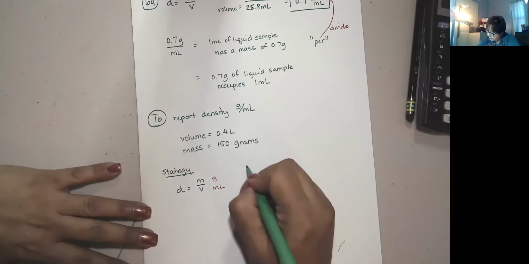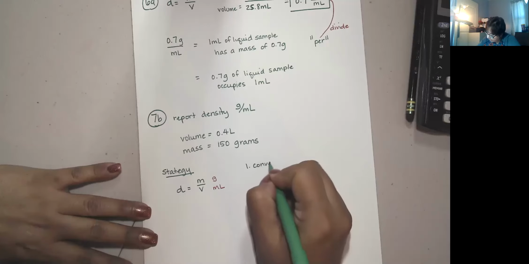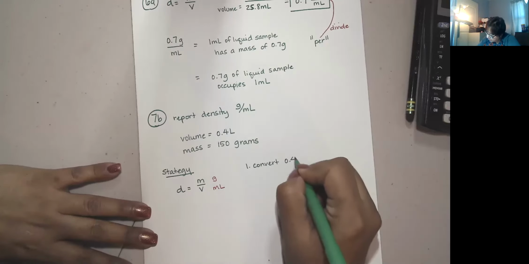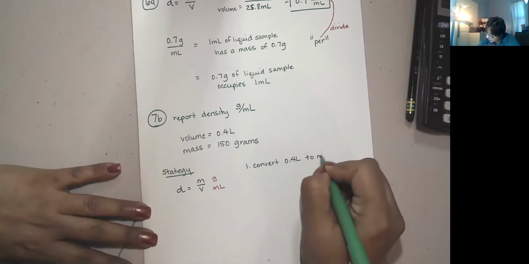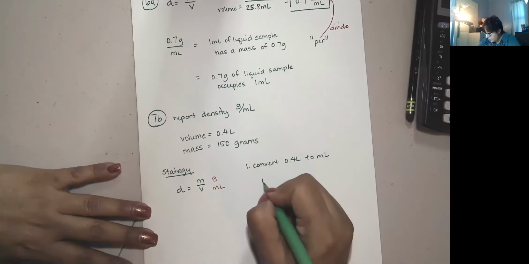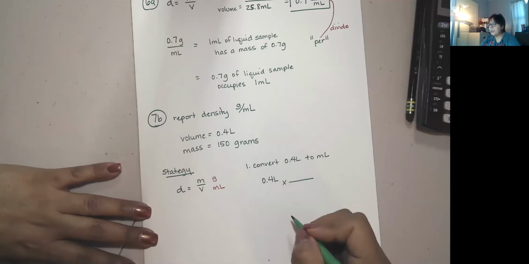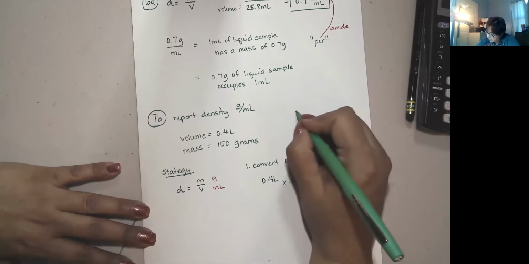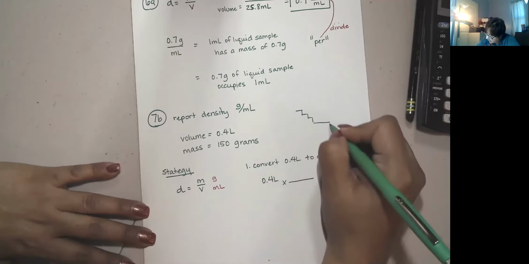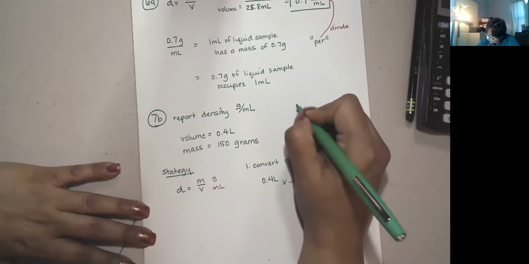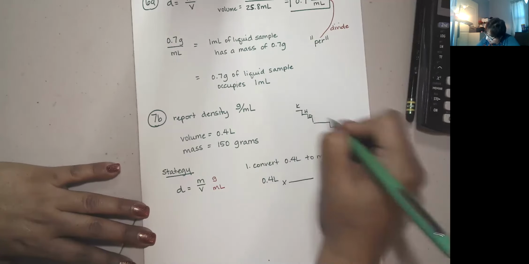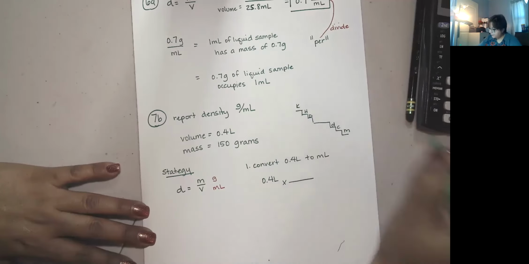So we can convert that 0.4 liters to mLs first. Using our little chart from last time, remember that chart, King Hector died drinking chocolate milk.